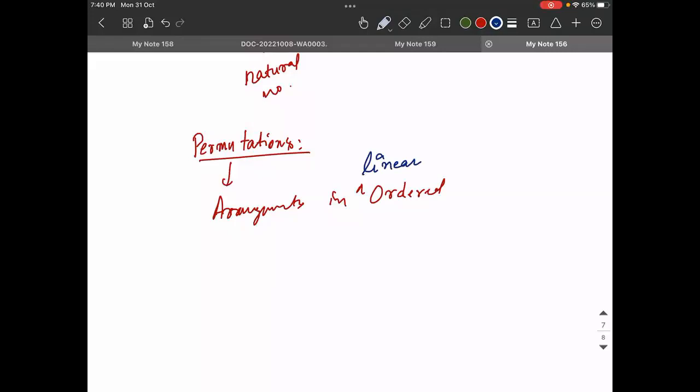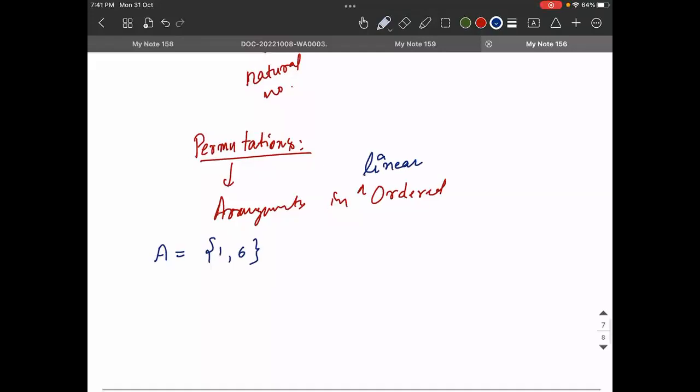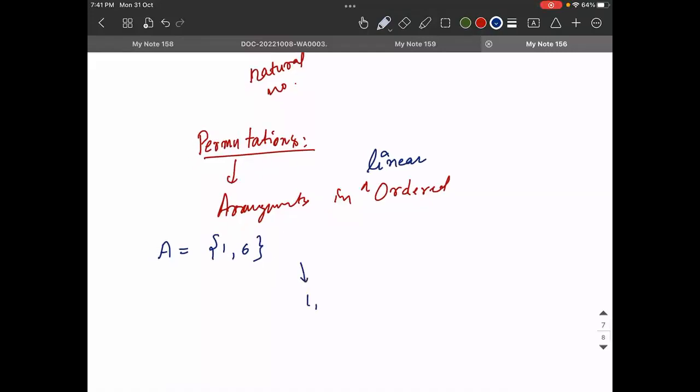Let's take an example. If I give you a set of numbers like 1, 6, let's say these are the two numbers in a set. How many ways can you arrange these numbers? One way will be 1, 6. Another way will be 6, 1. So how many ways are there? 2 ways, right?